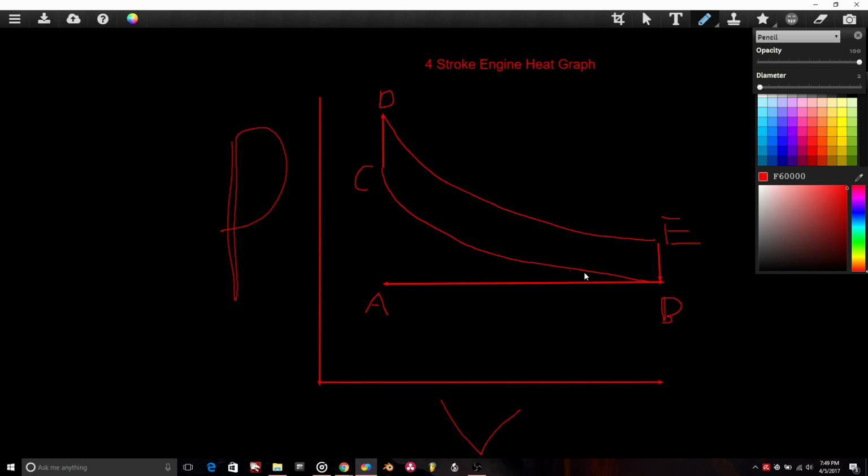Isothermal is a nice curve like this, which I drew horribly. What it represents is the volume will either be increasing or decreasing, but the temperature will be staying the same. So thank you for listening to this. I hope this little lesson helps for the four-stroke engine tutorial.